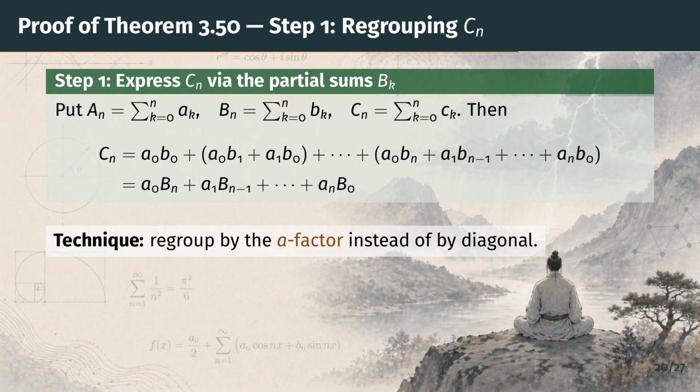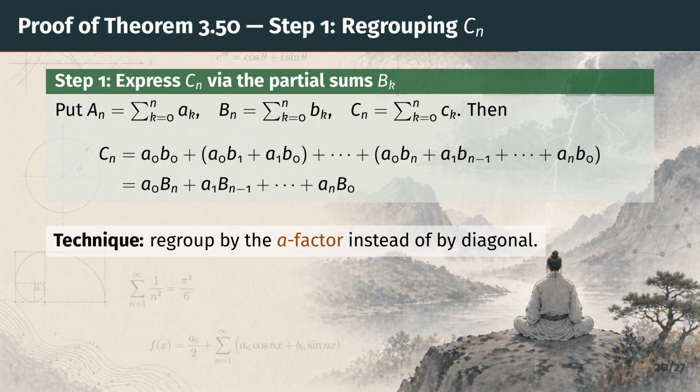Step 1 is a regrouping trick. Write out capital C sub n as the sum of all the diagonal groups, as in the first line. Now, instead of reading this triangle of products diagonal by diagonal, collect all the products that share the same a factor. The terms containing a sub 0 are a sub 0 times b sub 0 through b sub n, which add up to a sub 0 times capital B sub n.